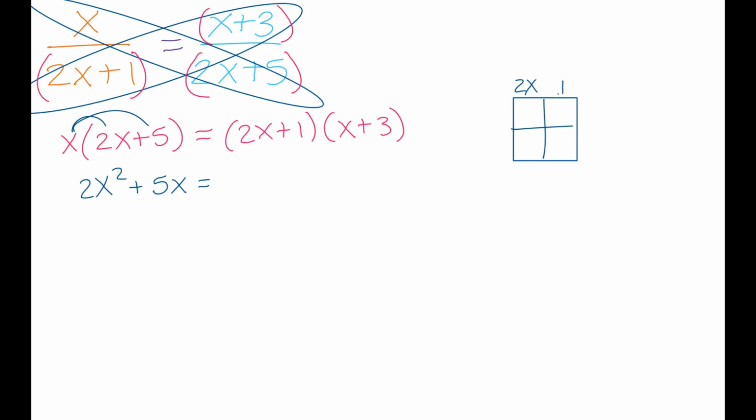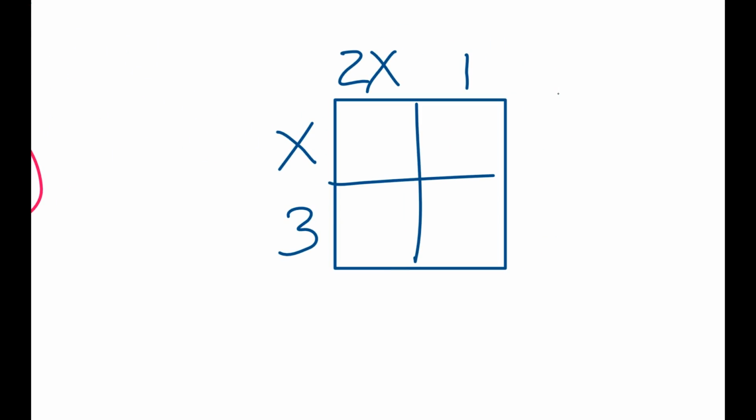And then what goes on the side? X plus 3. Good. So, what is 2x times x? 2x squared. And then what's 2x times 3? 6x. And x times 1. And 3 times 1.